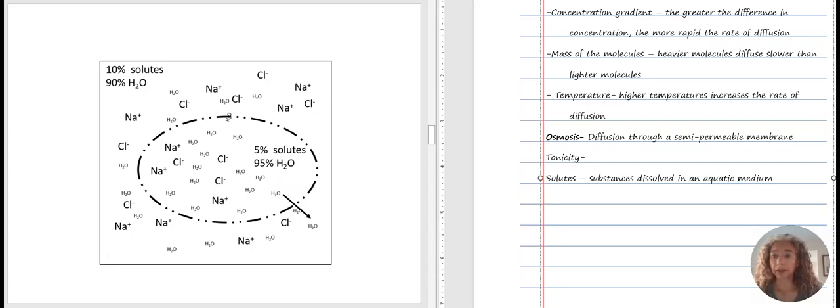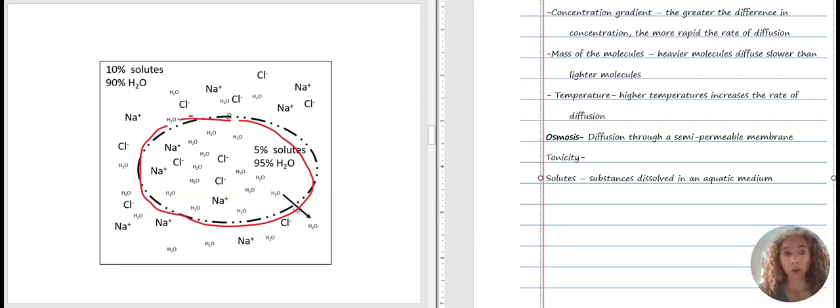When we talk about solutes, we're just talking about the substances that are dissolved in an aquatic medium. So here is a cell, and this is the plasma membrane, the semi-permeable membrane around this cell, and that's why it's dashed.